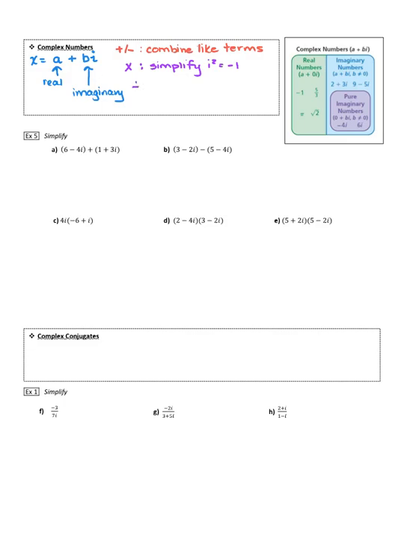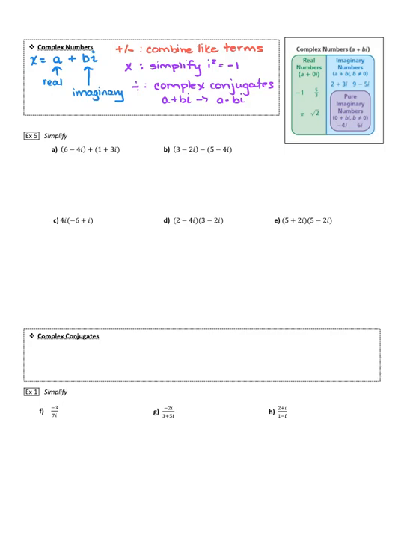And when we get into division, you're going to be using something called complex conjugates. That means that if you see A plus Bi, you will multiply it by A minus Bi. So that's the same number, but with the opposite sign in between. So we'll see how that works when we get down to the bottom.